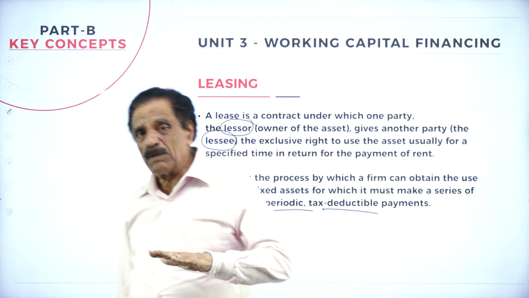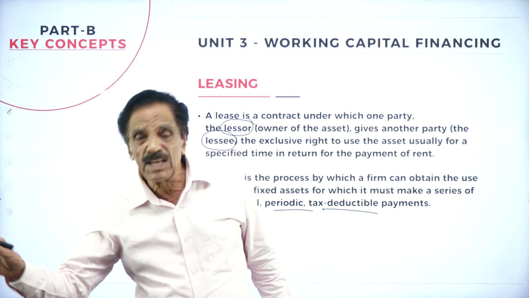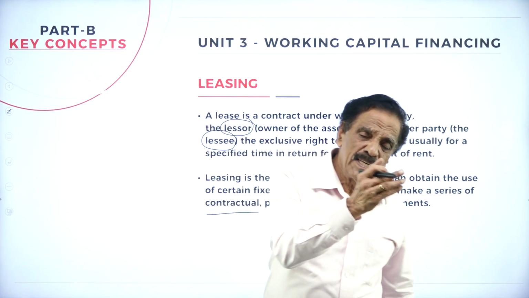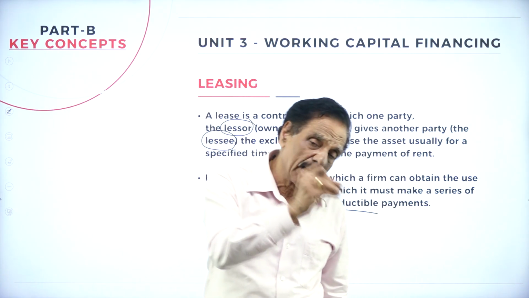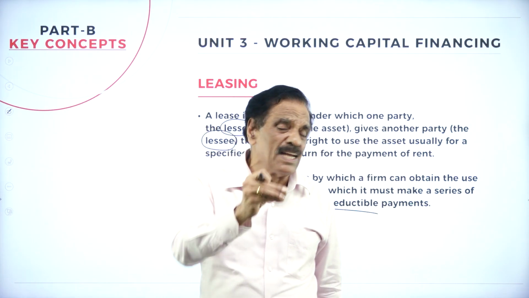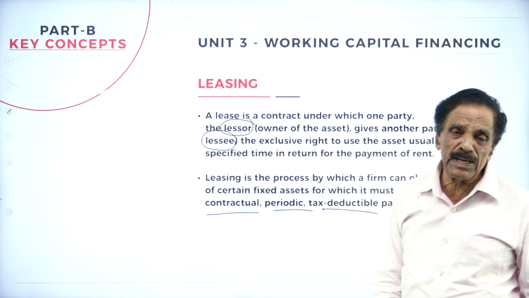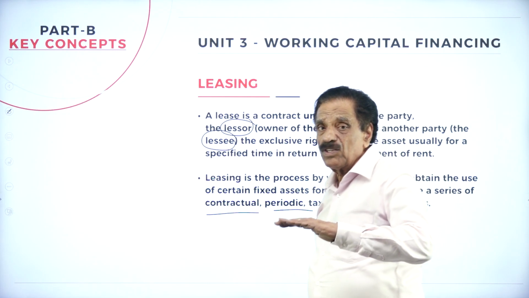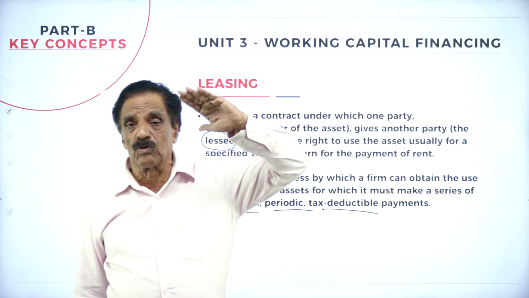So there are 2 types of leasing: one is called operating lease, one is called financial lease. Operating lease is for 1 year. Once you have an agreement between the lessor and the lessee, you cannot cancel the operating lease. He has to wait for 1 year to get back the money. In the financial lease, the lease may go to 2 years, 3 years, or 4 years.